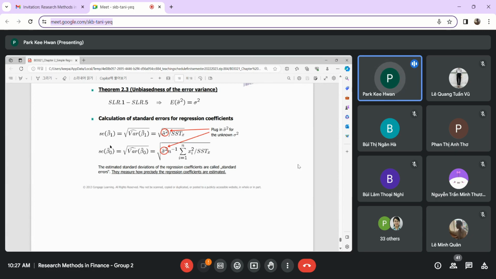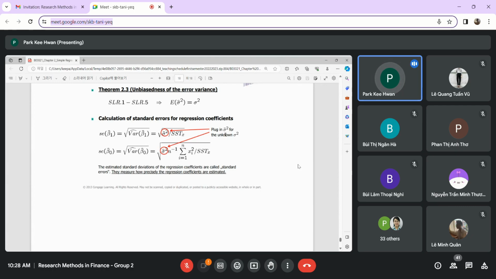Actually, the variance will be the ratio of sigma squared to SSTx, but we don't know sigma squared. So instead of sigma squared, we plug in the estimate.